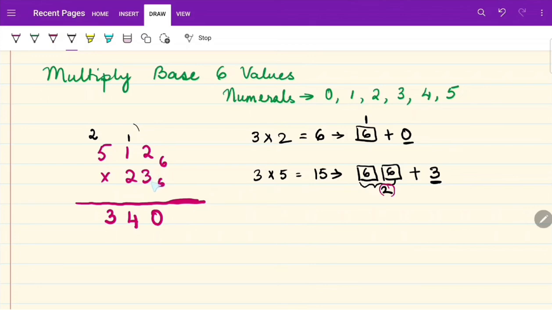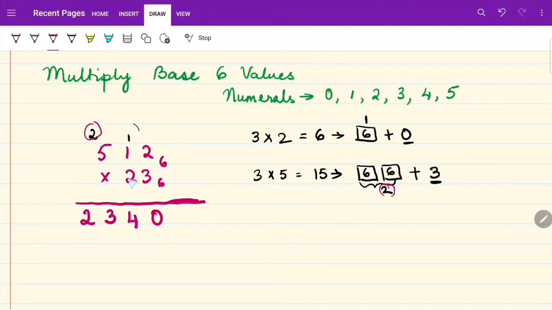Right, so after the 5, there's nothing more to multiply 3 with. So we just write the 2 to the left of the 3. So we got 2340 base 6 when we multiplied by 3.